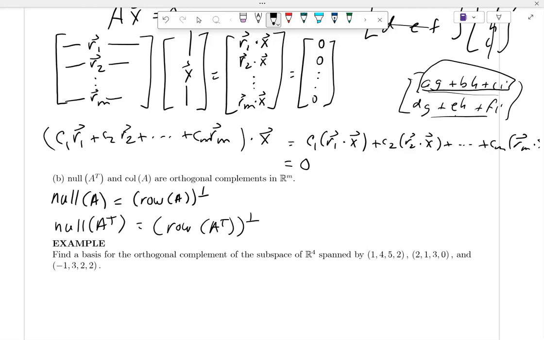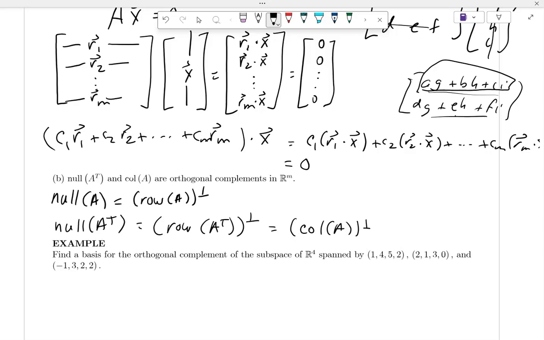That way. But what's the row space of A transpose? The same thing as the column space of A, right? Because they just get flip-flopped, don't they?